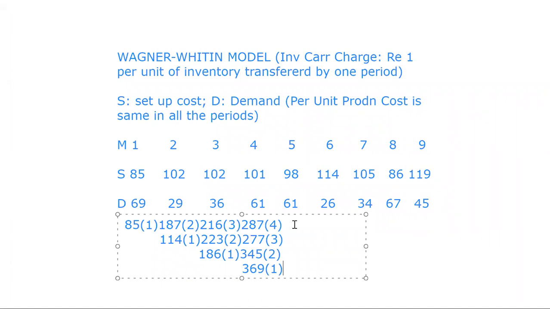So now I get on to the 5th period. Suppose I produce in the 5th period. How much is my total cost? Can somebody who has not attempted so far?